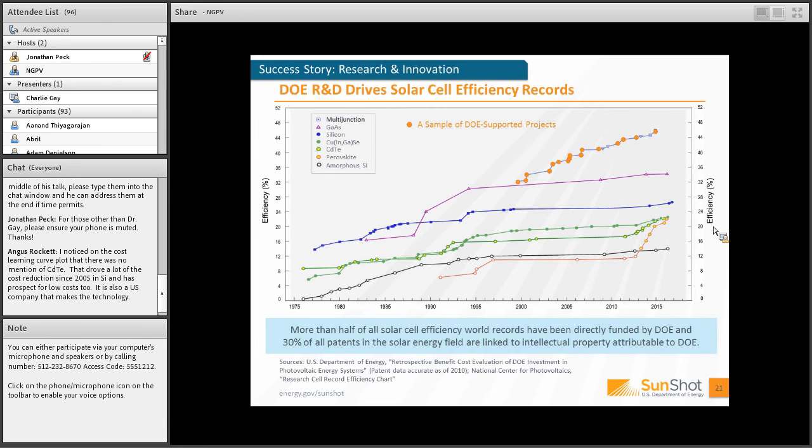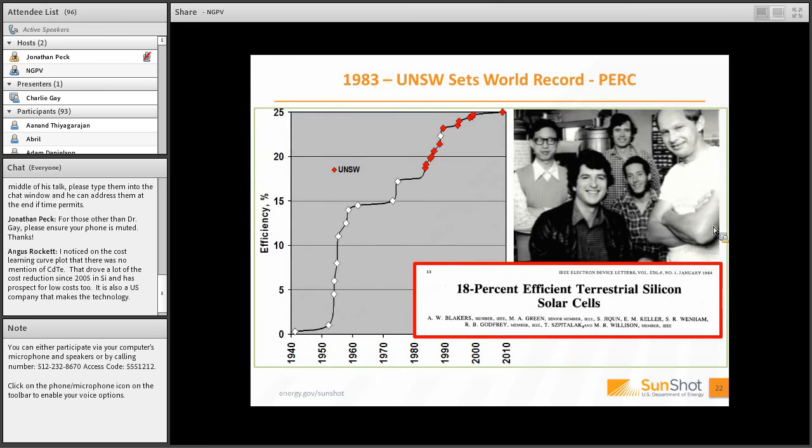And on the next slide, while we know that things change rapidly, the adoption and commercialization of technology takes time. Most of the manufacturers of silicon solar modules are transitioning to a passivated emitter rear contact design, the invention of which goes all the way back to 1983.